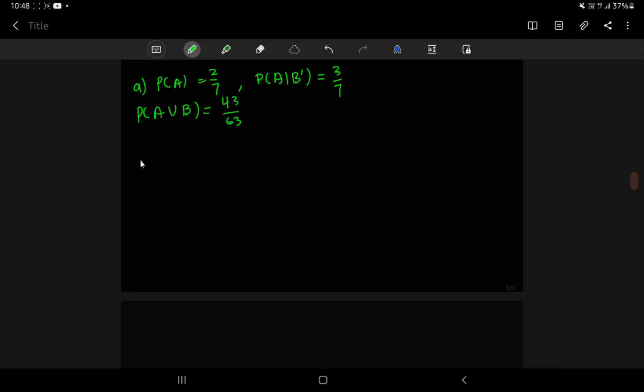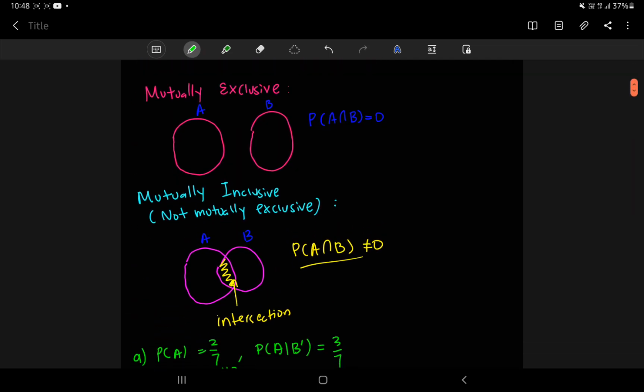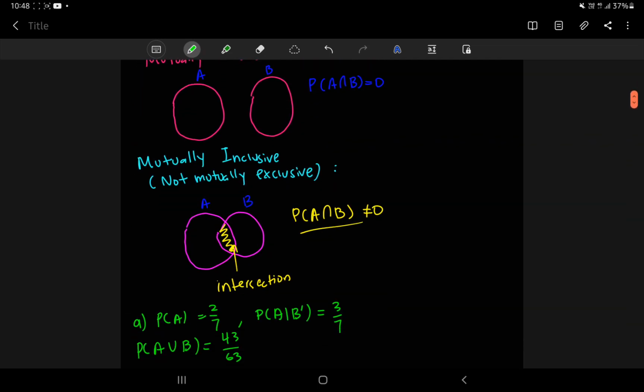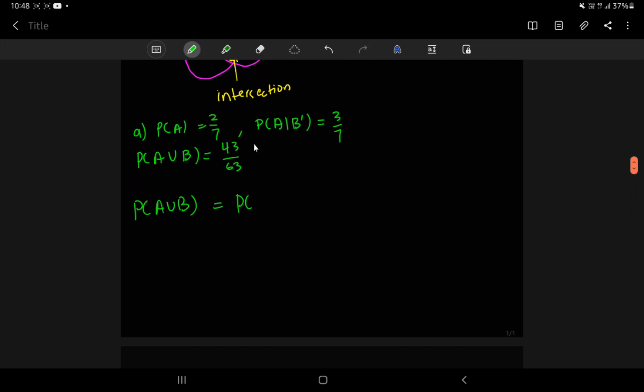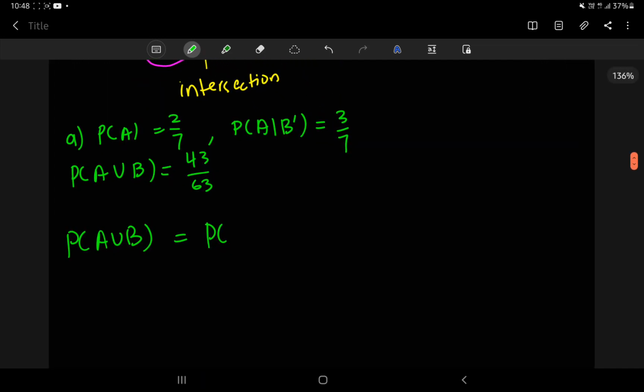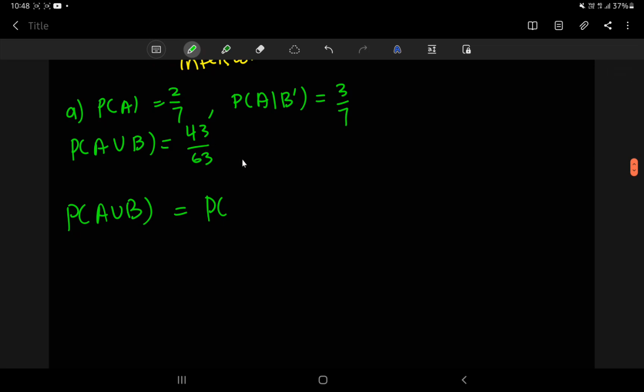First, I want to assume that the events are mutually inclusive, so I use the formula for the union of mutually inclusive events: probability of A union B equals probability of A plus probability of B minus probability of A intersection B. Let me substitute the values.